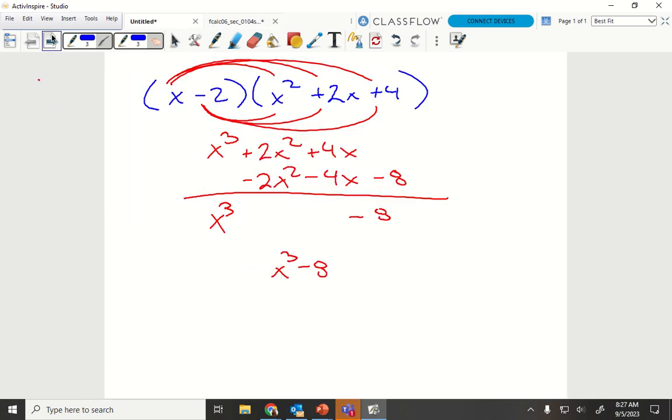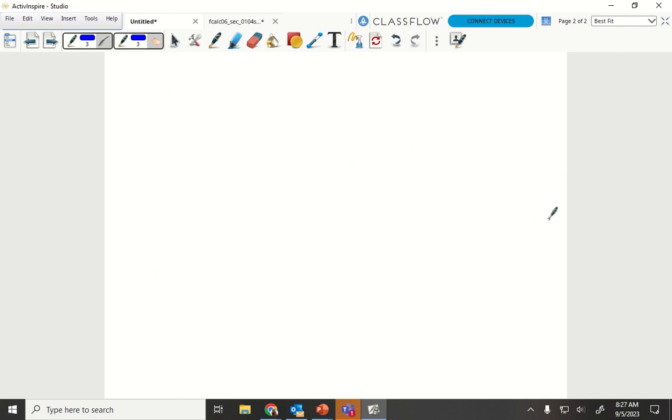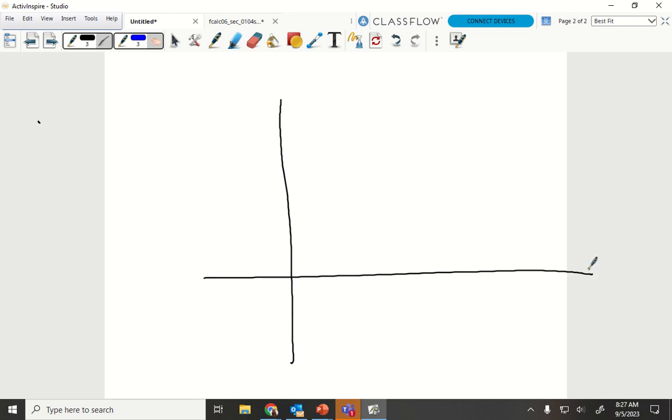Like I said, I'm going super off script here. I'm going to make this one nice and big so we can see this. So right here is going to be my x and my f of x.